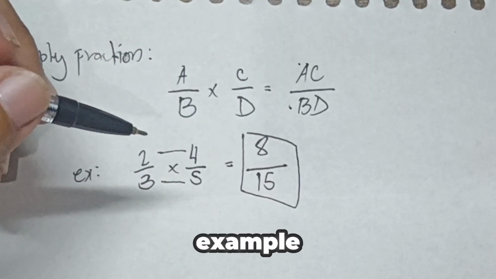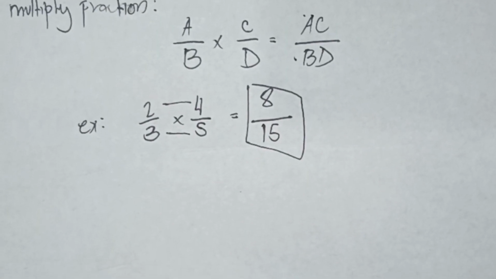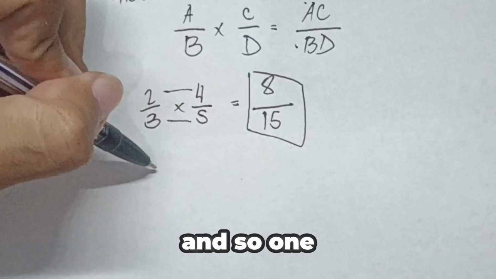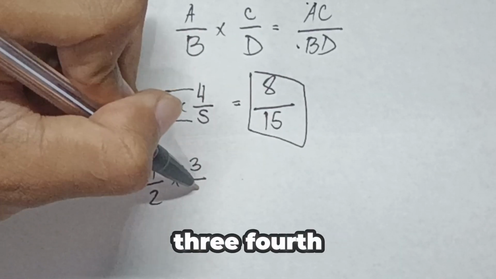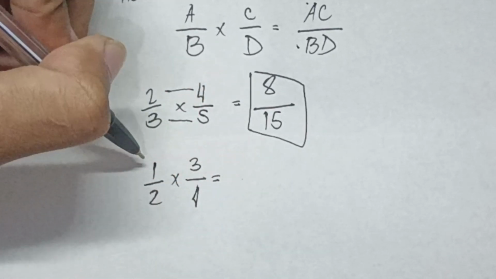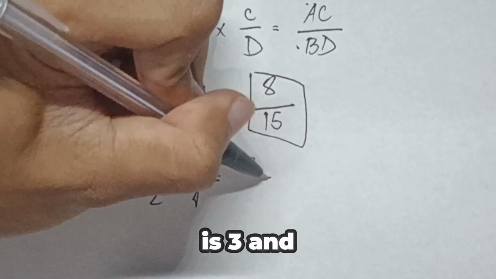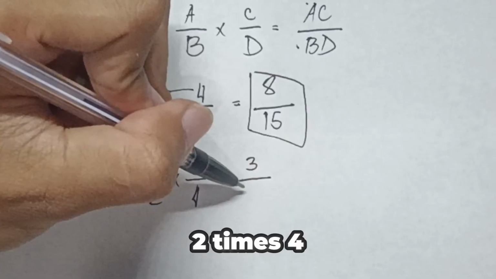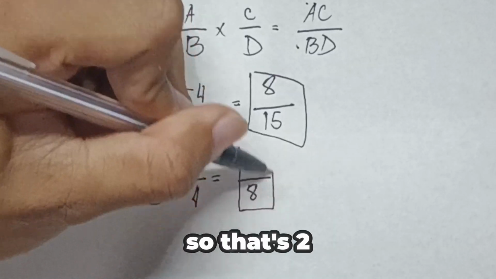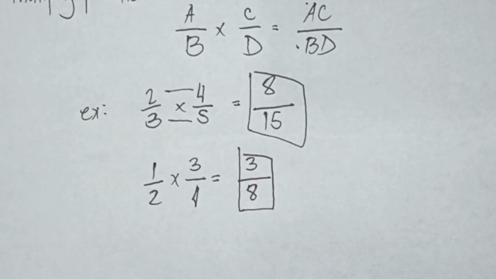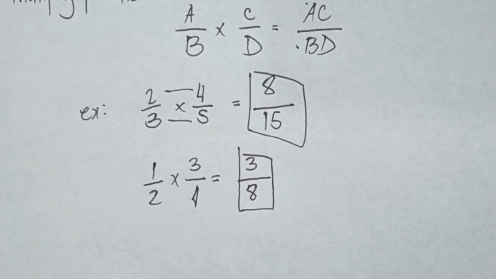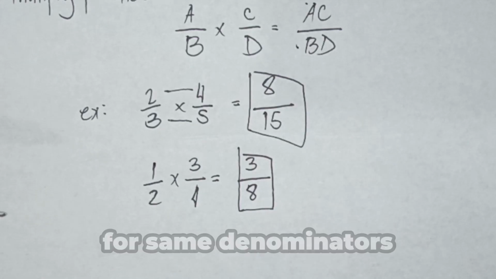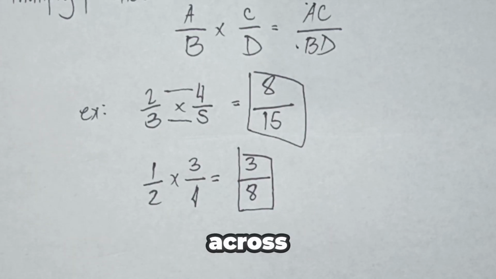Let's give another example. 1/2 multiplied by 3/4. 1 times 3 is 3, and 2 times 4 is 8. So it should be 3/8. That's how easy it is to multiply fractions. See? No need for same denominators, just multiply straight across.